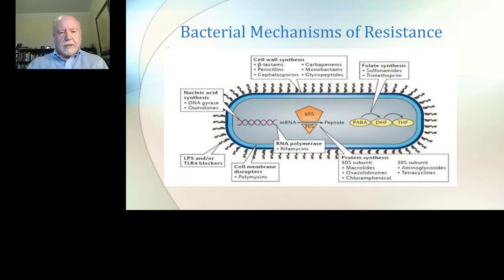Not surprisingly, the bacteria have figured out multiple ways of avoiding antibiotic efforts, and I'm not going to go into this in depth, but some of the things that I've just mentioned, like cell wall synthesis, nucleic acid or DNA gyrase activities, folates, which is trimethoprim, these are things that we all know and understand. But I think some of the things that I'm going to speak about refer to different parts of protein synthesis and different parts of cell membrane ruptures.